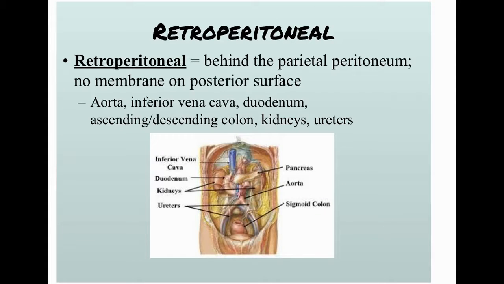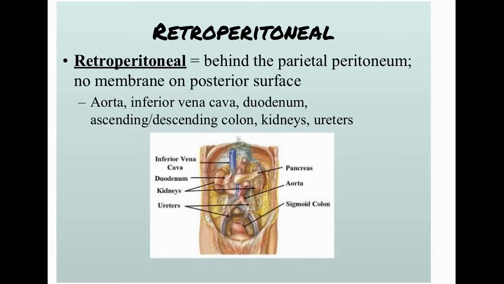Now, just posterior or behind the peritoneum is called the retroperitoneal space, or just the retroperitoneum. This is the space posterior or behind the peritoneum. If you removed all the abdominal organs like the stomach and the liver and saw what's behind it, that space back there is the retroperitoneum or the retroperitoneal space.